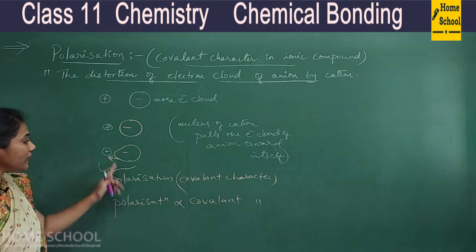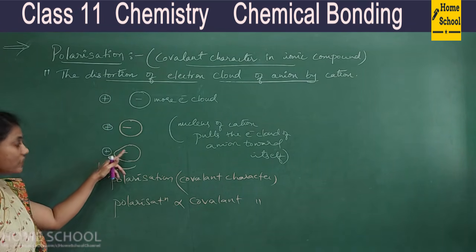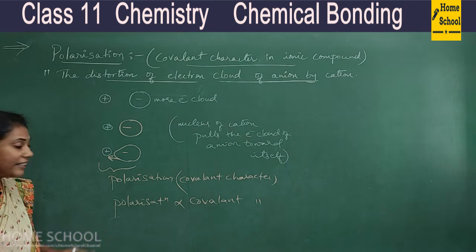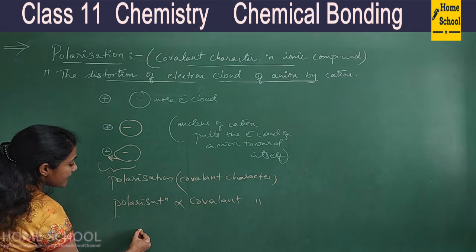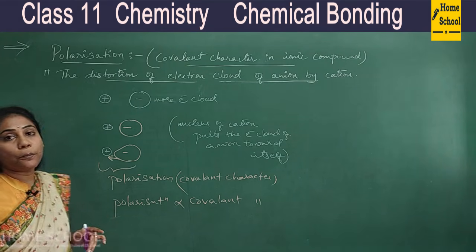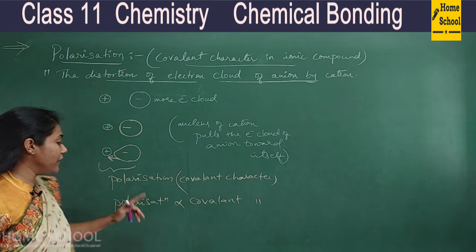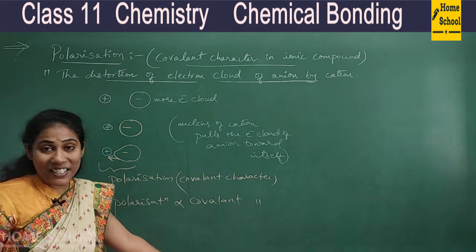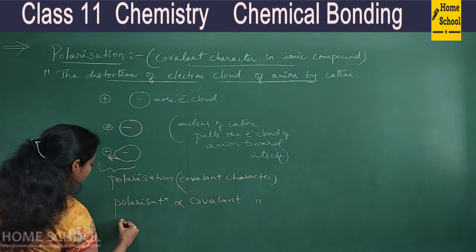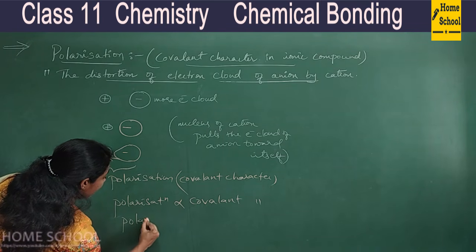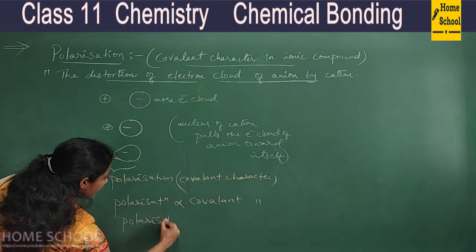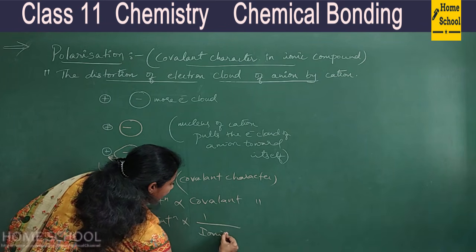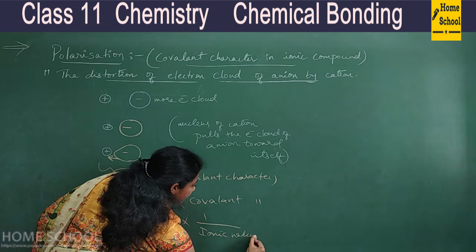The more the polarization, the more the distortion you find, the more is the covalent character, right? And this polarization is inversely proportional to ionic character. When you find more polarization, ionic character is very, very least. So that point also I can write here: polarization is inversely proportional to ionic character or ionic nature.